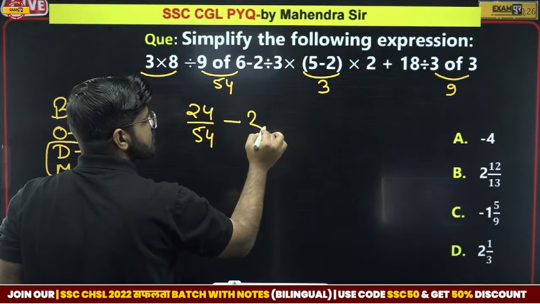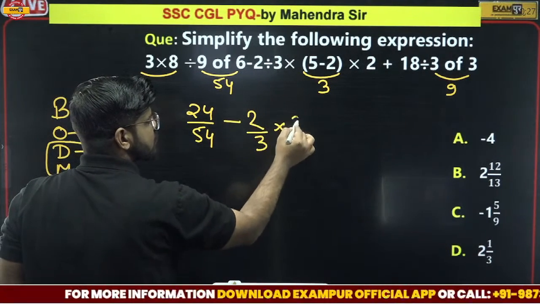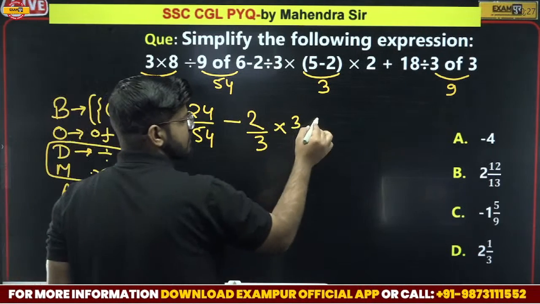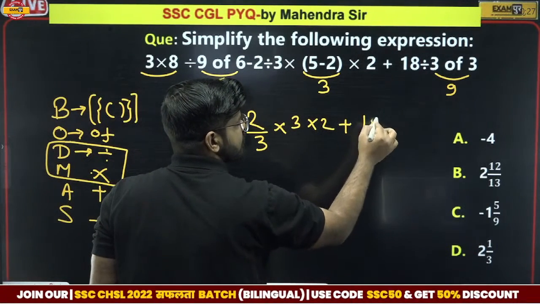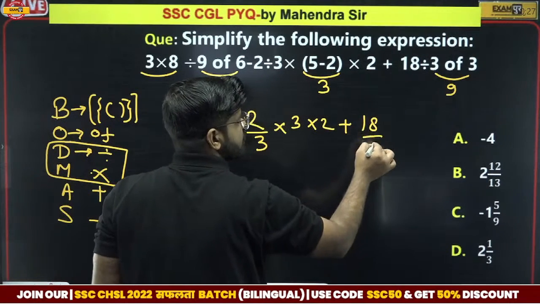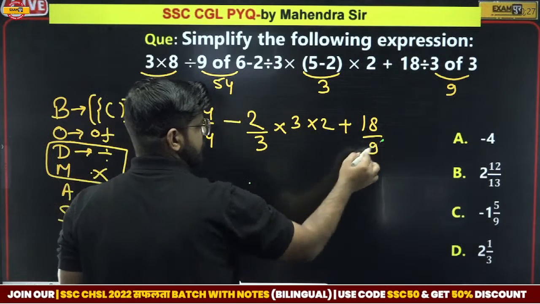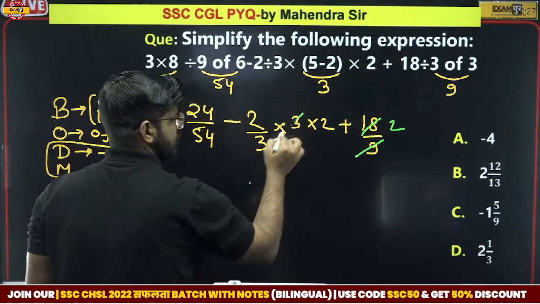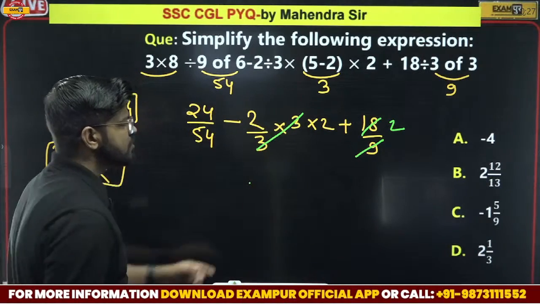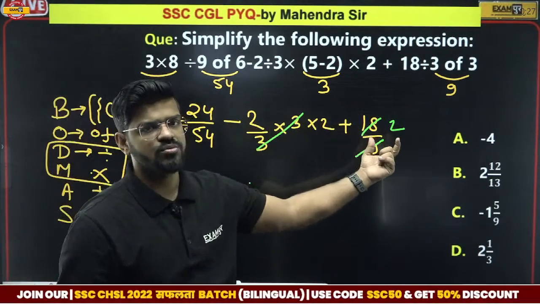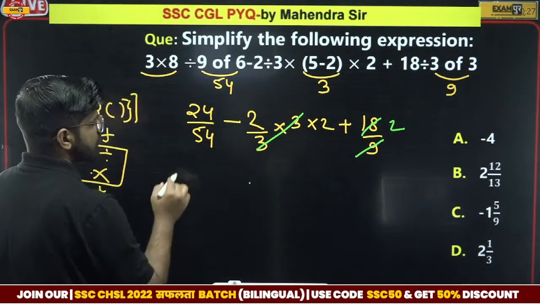Divide by 3 and multiplication sign is there, so we write 3 as it is, and 2 as it is, plus 18 divided by 9. Now solve this. 2, 3 gets cancelled out, here we are getting 4. So minus 4 and plus 2 will give you minus 2.